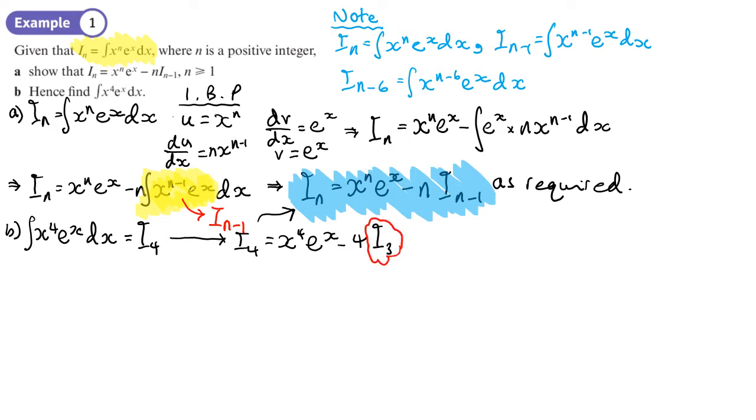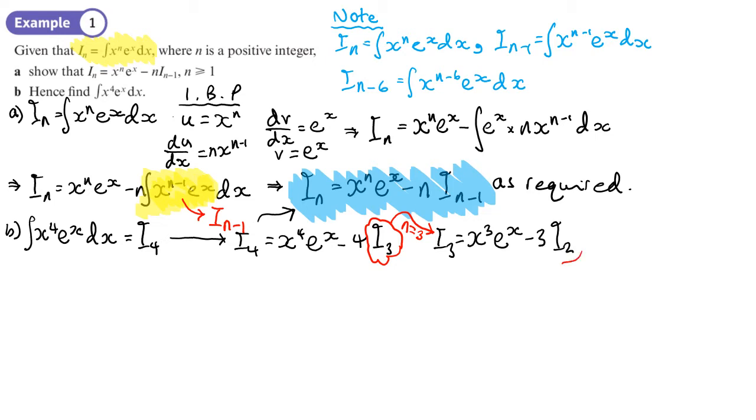Now what do we do? It's called a reduction formula because it reduces. So we're going to work out what I sub 3 is. Just replace n with 3: I sub 3 equals x cubed e to the x minus 3 I sub 2.